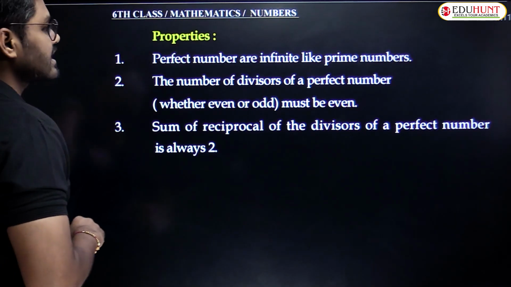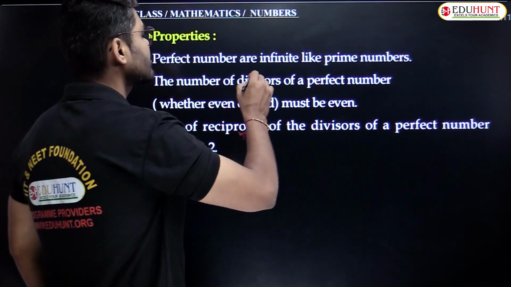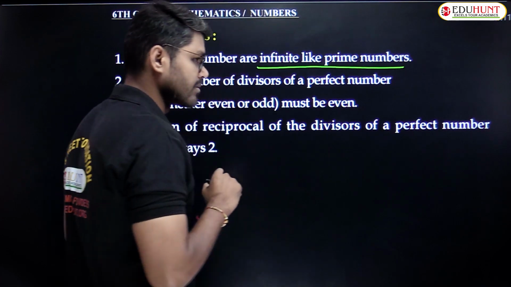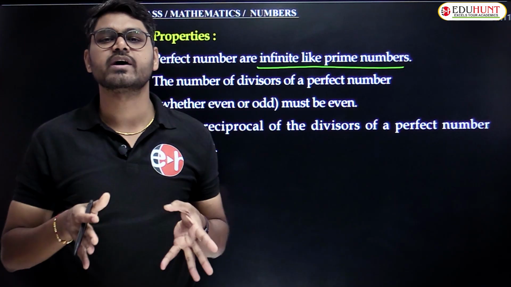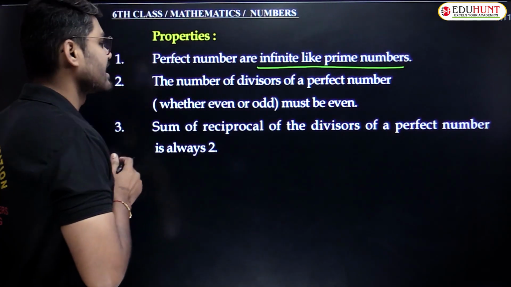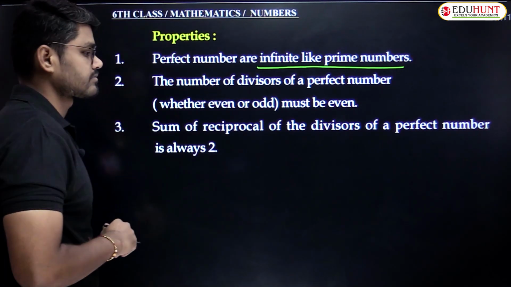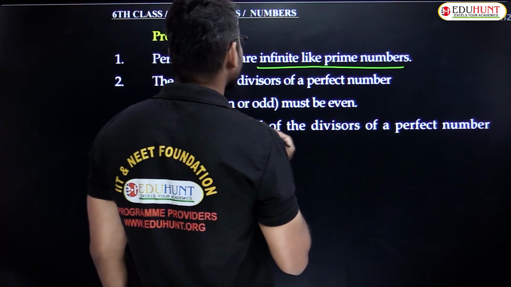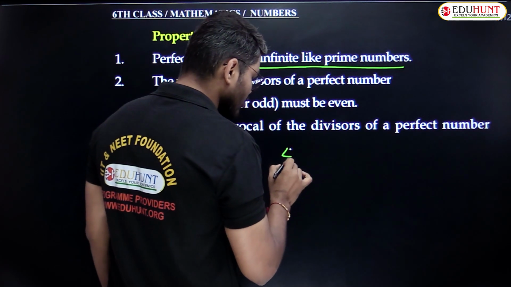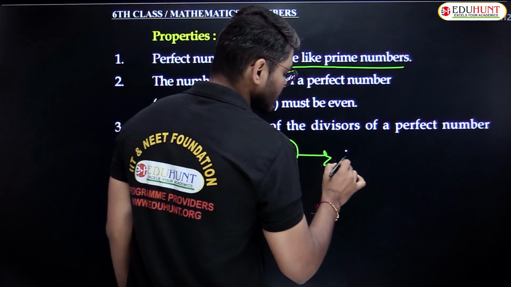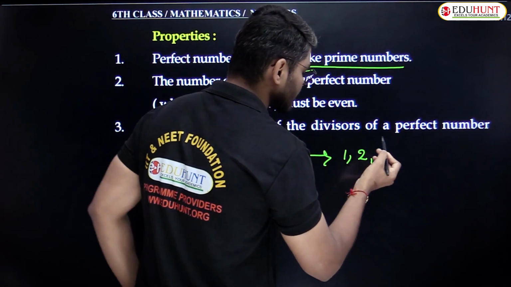Properties. Perfect numbers are infinite like prime numbers, and the number of divisors of a perfect number must be even. I took 4, which has the divisors 1, 2, 4.